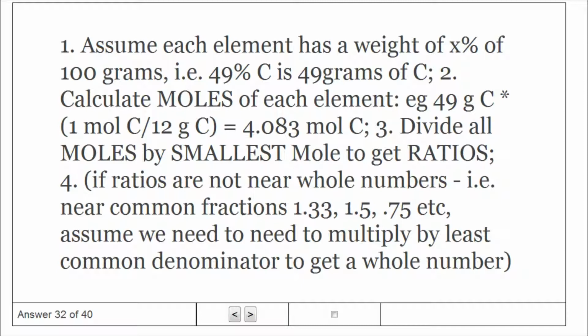Assume each element has a weight of X% of 100 grams, i.e., 49% C is 49 grams of C. 2. Calculate moles of each element, e.g., 49 grams C times 1 mol per 12.01 g equals 4.083 moles C. 3. Divide all moles by the smallest mole to get ratios. 4.